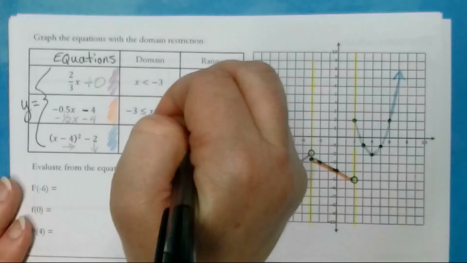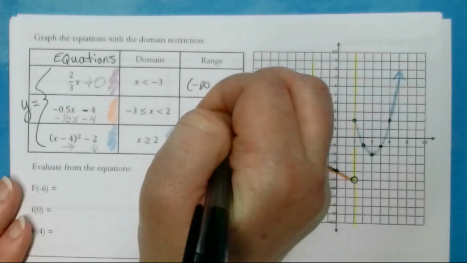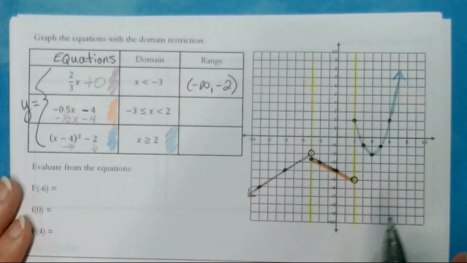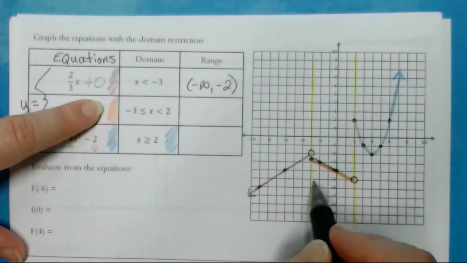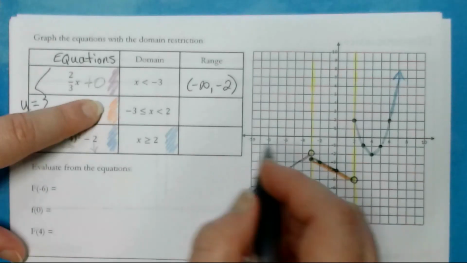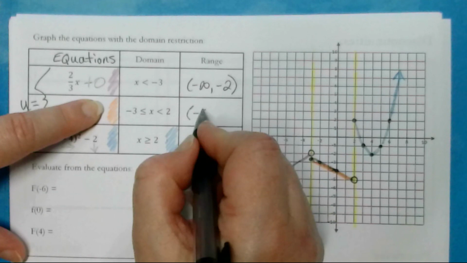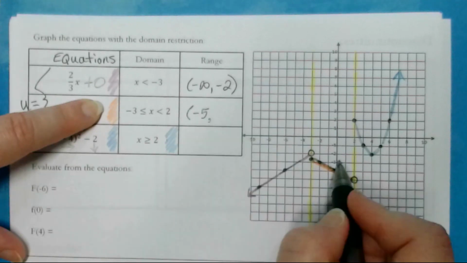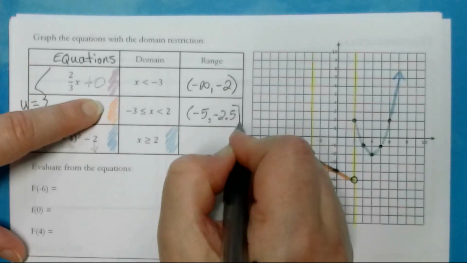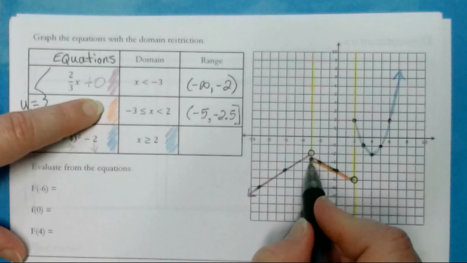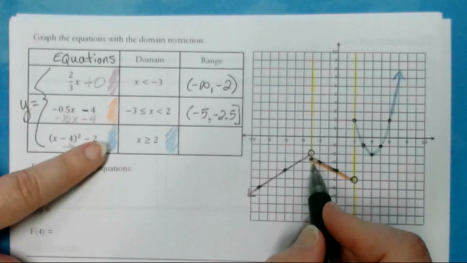So negative infinity to -2, and it gets a parenthesis. It goes from -5 in circle up to -2.5.